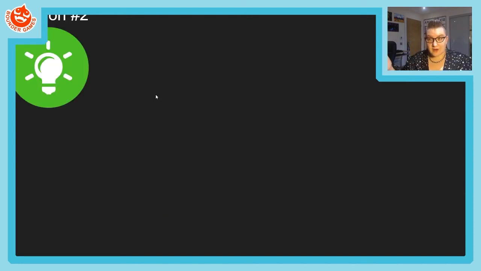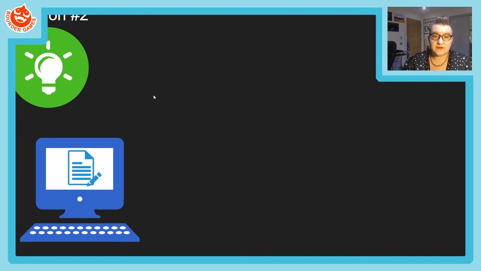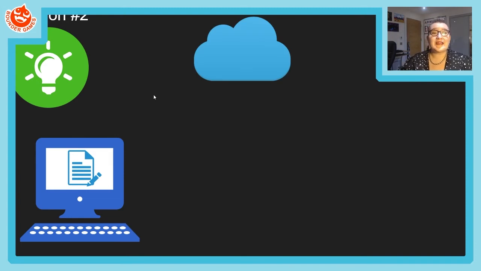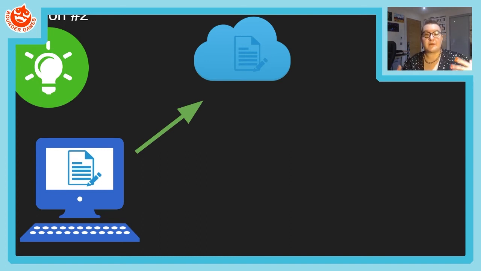So our solution to this problem is to use version control, which lets you, when you make a commit, push that commit up to the cloud, to a version of your repository that is online, on a server somewhere.